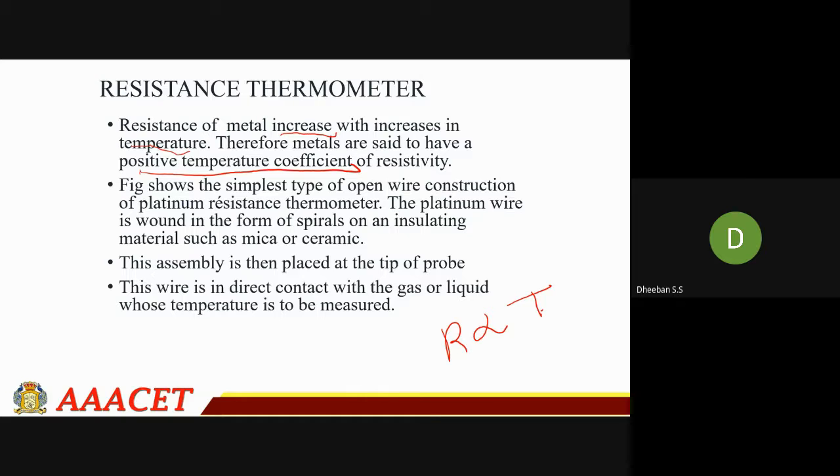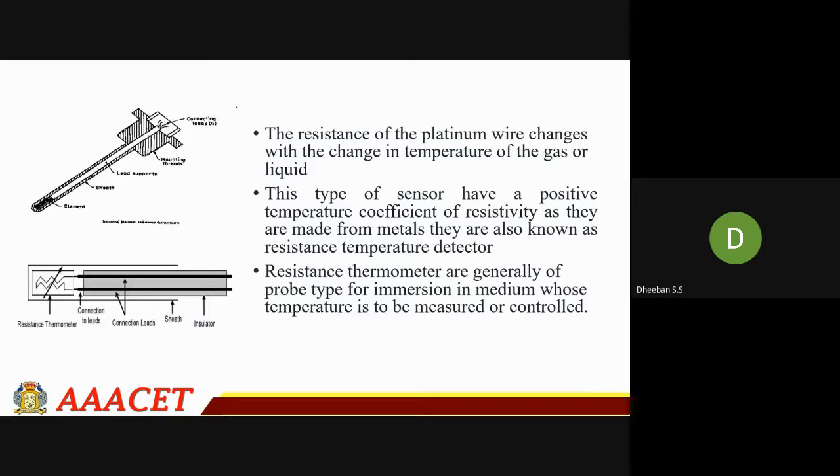The simplest type is open wire construction of platinum, which they have taken here. This is a thermometer. The platinum wire is wound in the form of spirals on an insulating material such as mica or ceramic. The resistance of the platinum wire changes with the change in temperature. Here you can clearly see the insulator part, the connections to the leads, and this is your resistance thermometer.